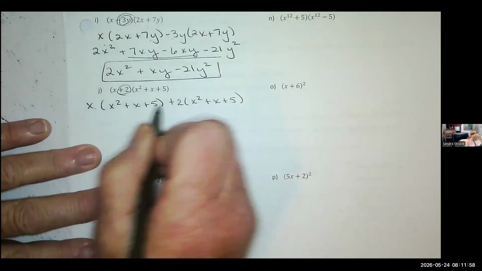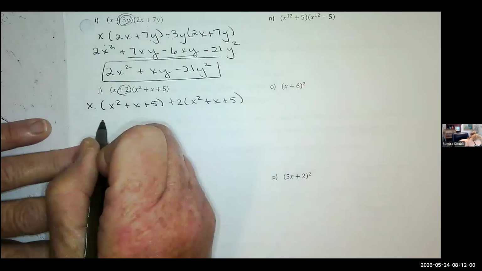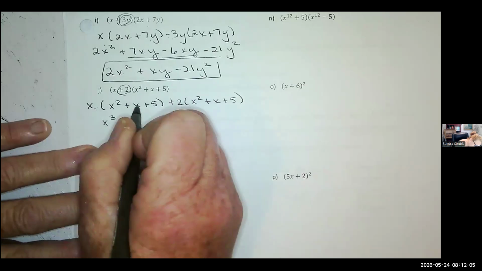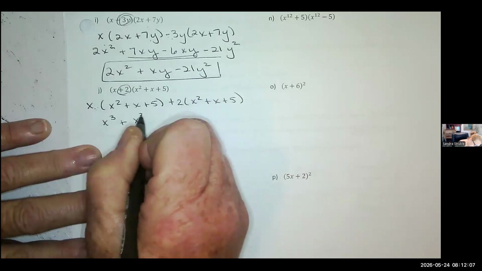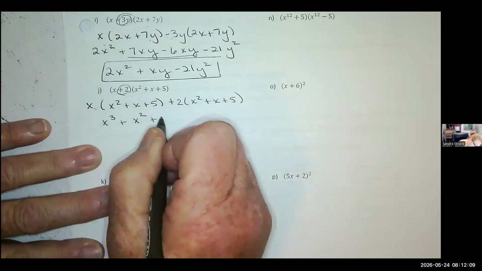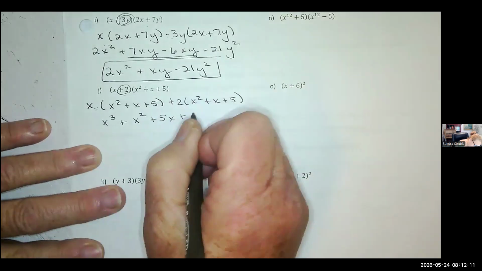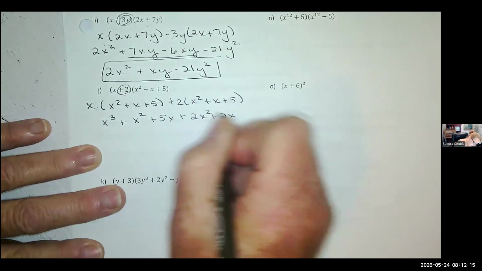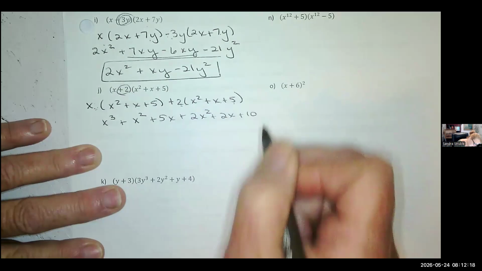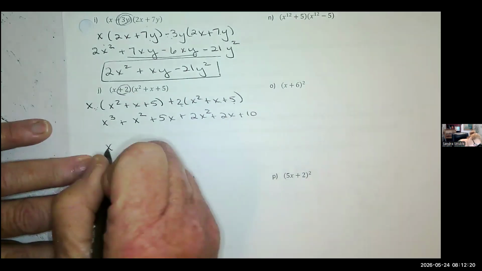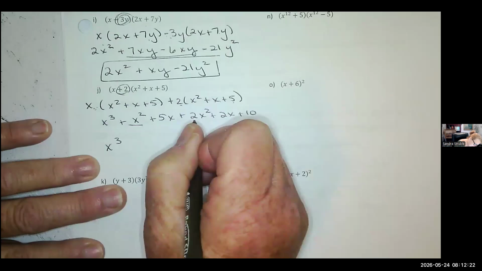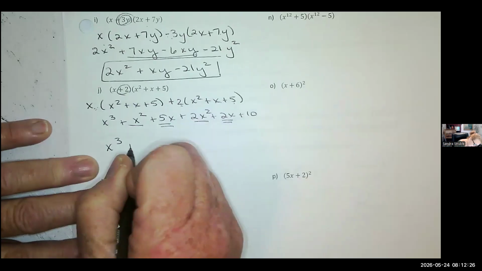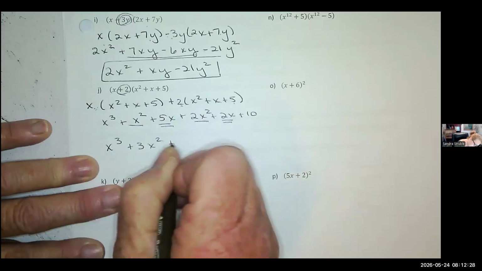So x to the 1 plus 2 is 3, plus x to the 1 plus 1 is 2, plus x times 5 is 5x, 2x squared, 2x, and 10, combining like terms. There's only one x cubed. We've got 2x squared, we've got 5x and 2x, and that's it. So plus 3x squared plus 7x plus 10.